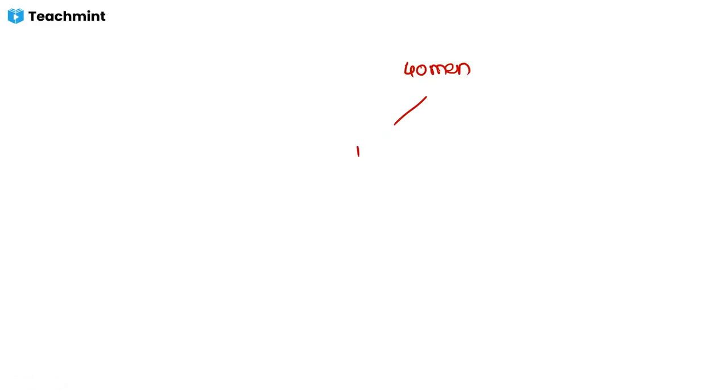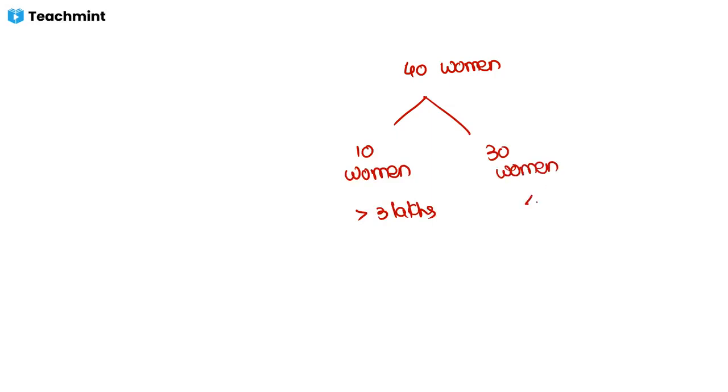Among 40 women, we know 10 women are getting more than 3 lakhs. So obviously, the remaining 30 women are getting less than or equal to 3 lakhs.